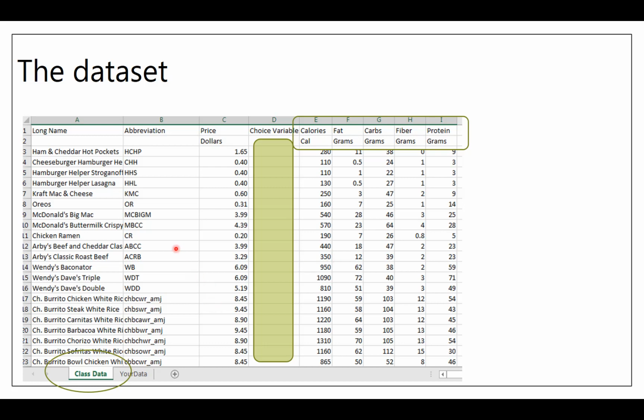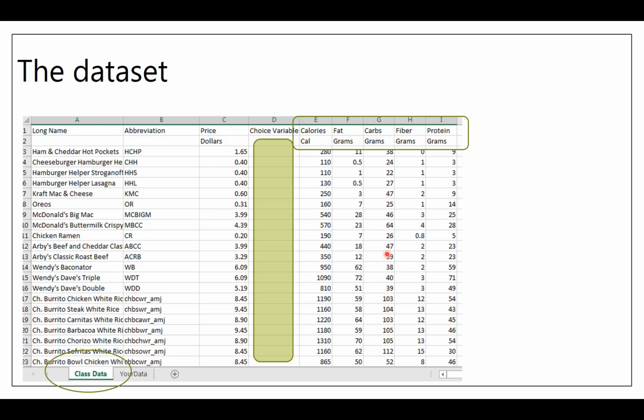Compare it to something like Kraft macaroni and cheese up here, 60 cents per serving, 250 calories for 60 cents. Compared to the Arby's classic roast beef, that's very cheap calories. 3 grams of fat, 47 grams of carbs.